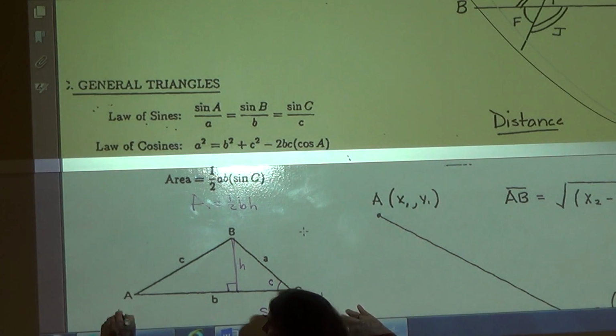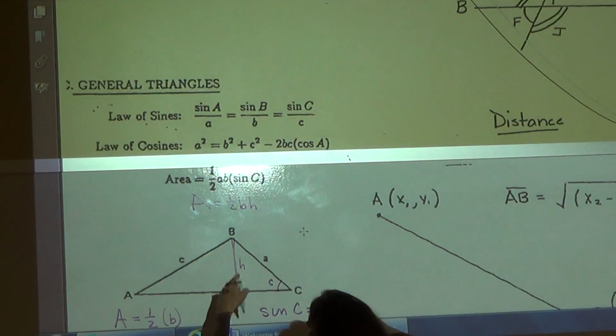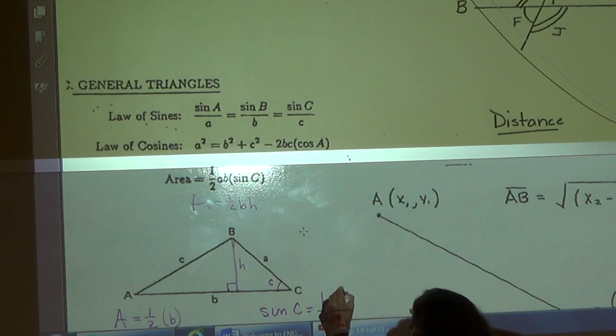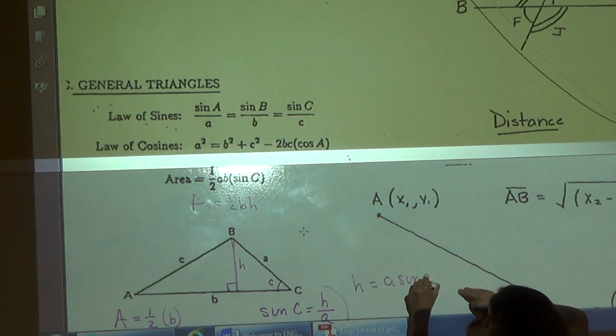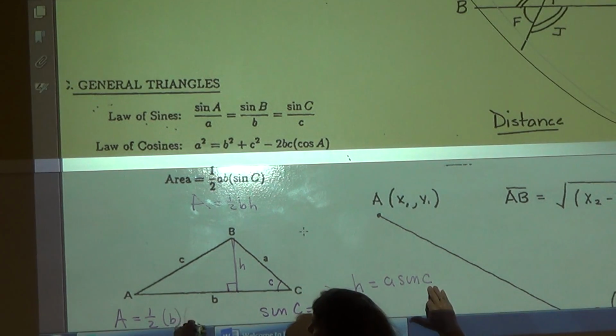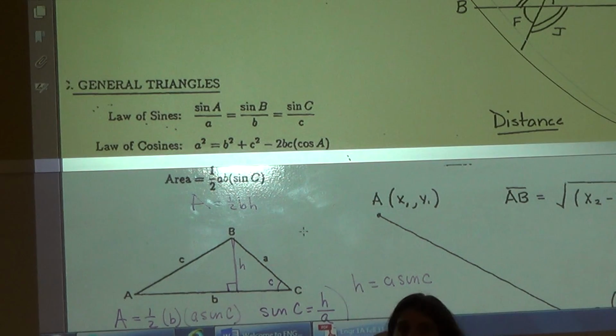So the area is equal to 1/2, the base is B, times the height. Solving, H is equal to A times the sine C. So I stick that in here, A sine C, and I get 1/2 AB sine C.